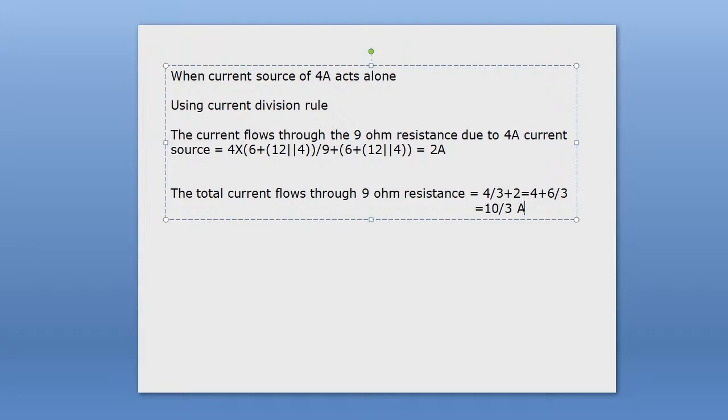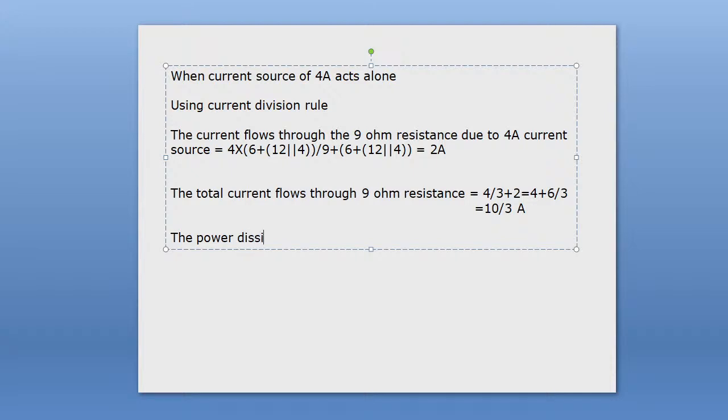So therefore the power dissipated in 9 ohm resistance is equal to 10 by 3, this term squared, into how much?